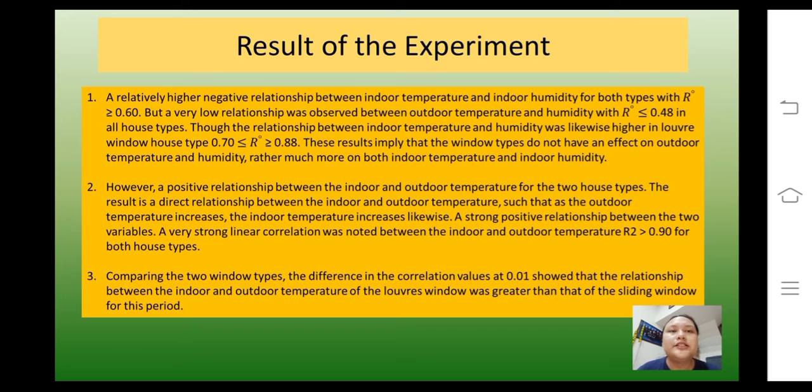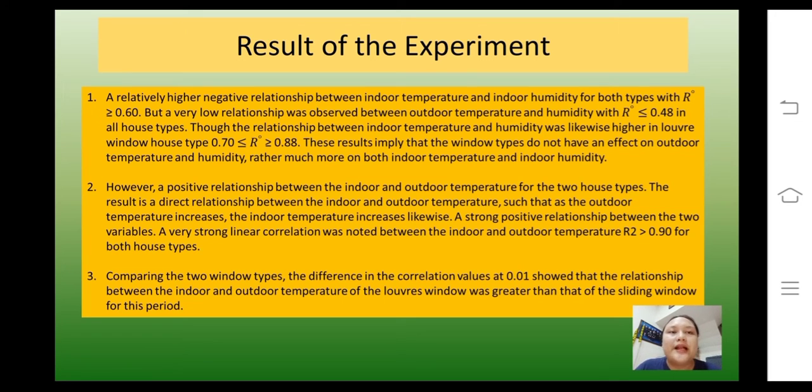Though the relationship between indoor temperature and humidity was likewise higher in louvre window house type, 0.70 to 0.88.